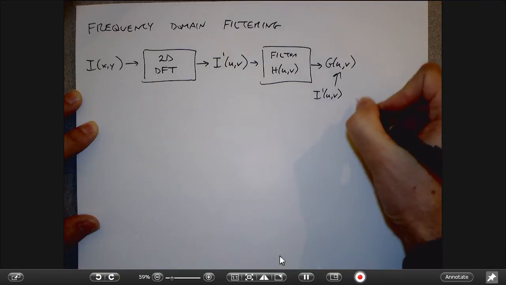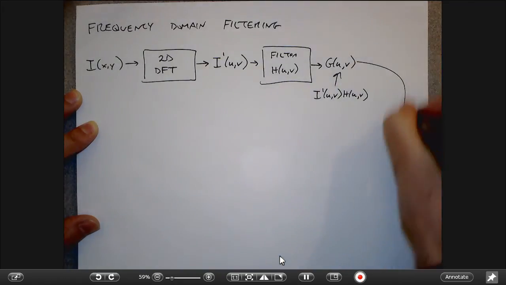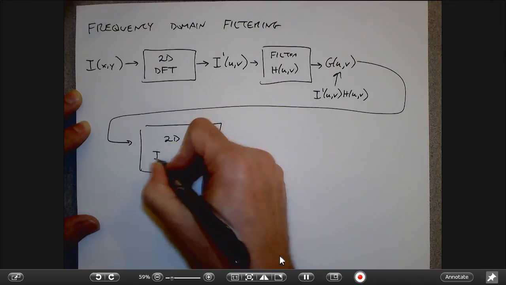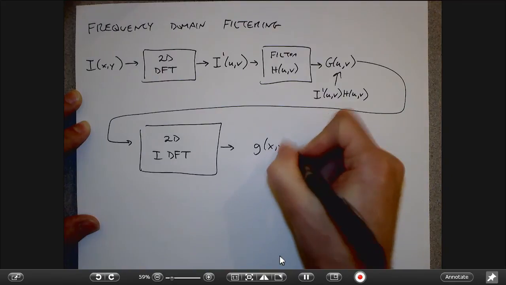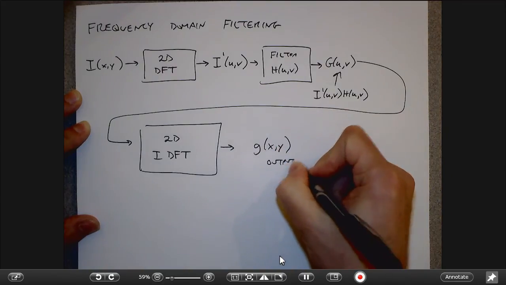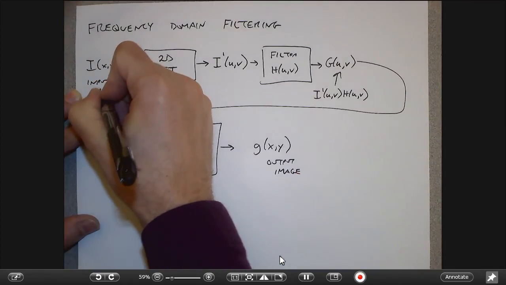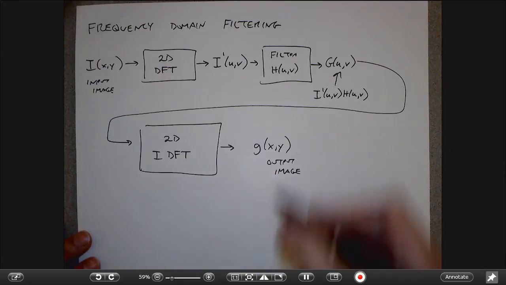This is basically the product of the Fourier transform of the image and the Fourier transform of the filter. And then I would put that through the 2D inverse DFT to get back some output image. Right, so that's basically the way that we handled one-dimensional DSP frequency domain filtering. It's the same thing in images, okay?